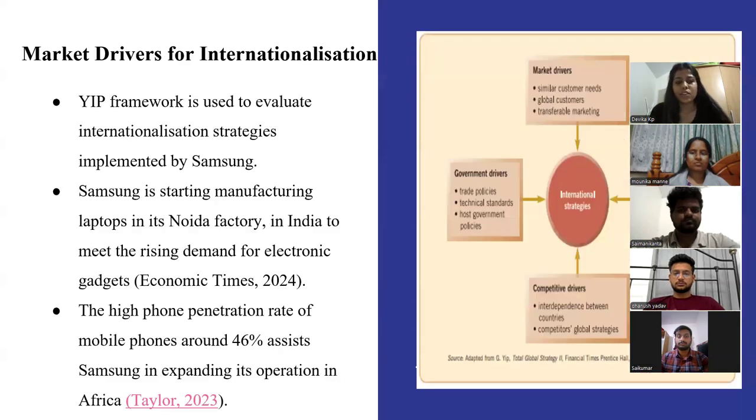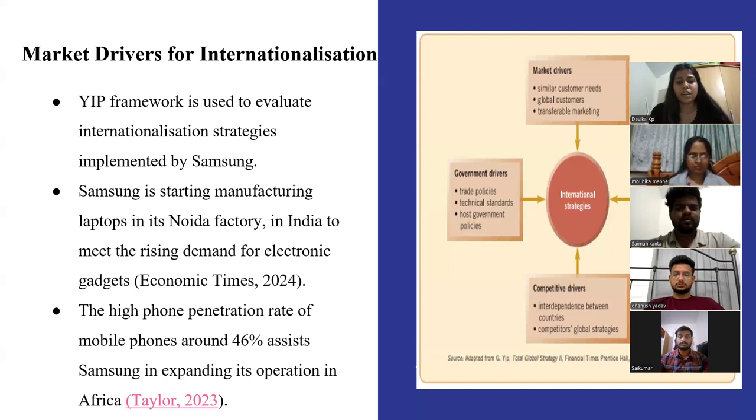The market drivers for internationalization: this slide discusses the internationalization strategies implemented by Samsung using the YIP framework. Samsung found an opportunity to start manufacturing laptops in its Noida factory, with the rising disposable income among the middle class population of India creating a surge in demand for electronic gadgets.